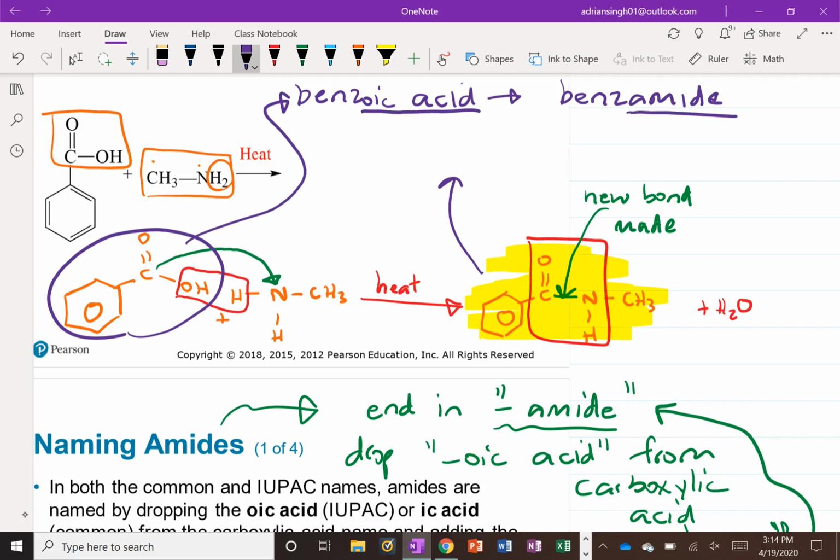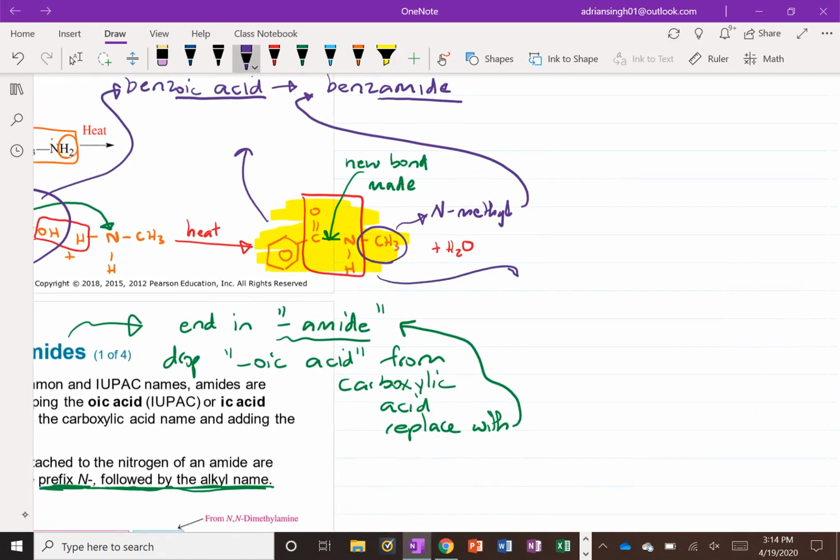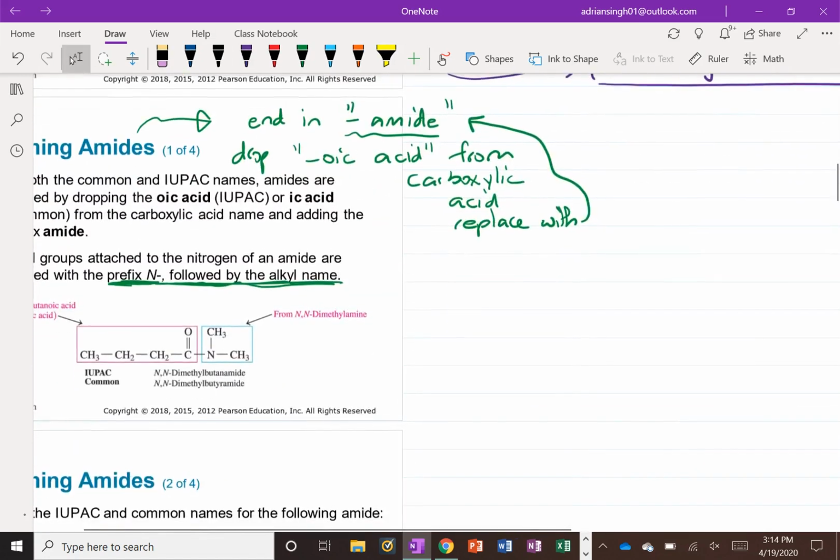We replace it with amide. And then if you look at the nitrogen here, it's attached to a methyl group. All right, so then this would be N-methyl. And then we're going to stick that in front of the last name, benzamide. All right, so the name then for this entire thing would be N-methylbenzamide. Right, and that tells you everything you need to know about that structure.